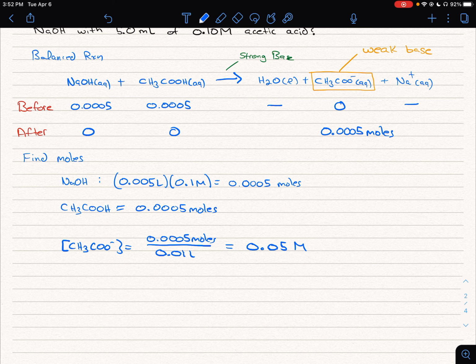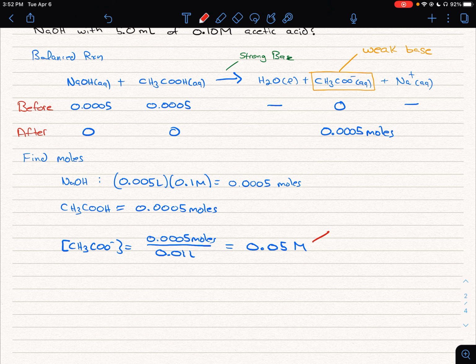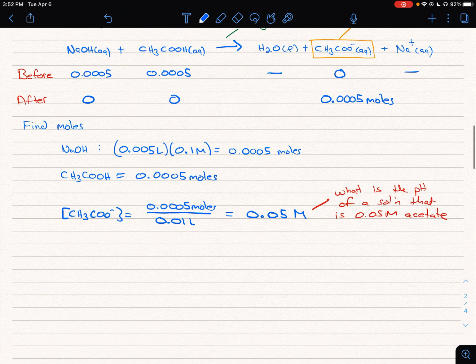So this question that we were posed up above, really what it's saying is, when we get to here, what is the pH of a solution that is 0.05 molar in acetate. And that is a problem that I hope you recognize we've done a bunch of. So how do we solve that problem?